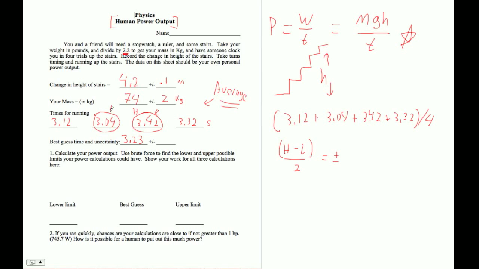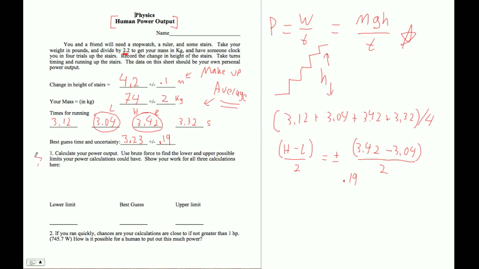So 3.42 minus 3.04, divided by 2, and I get 0.19. So this is plus or minus 0.19. Those are our uncertainties. These other ones, we just make up. I just guess that I'm about 1/10 of a meter away, that's 10 centimeters, depending on the stairs and the situation. And 2 kilograms, I know that my weight fluctuates.